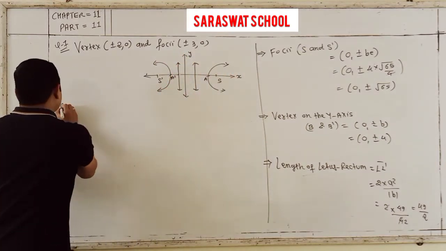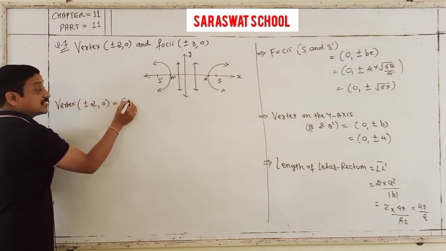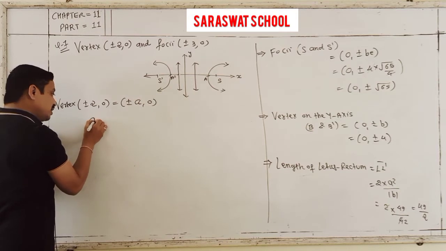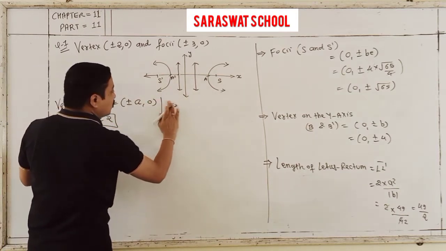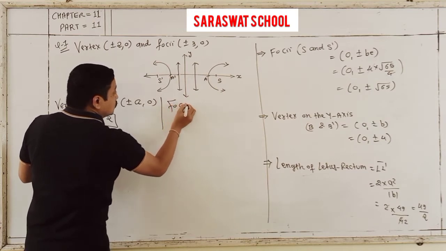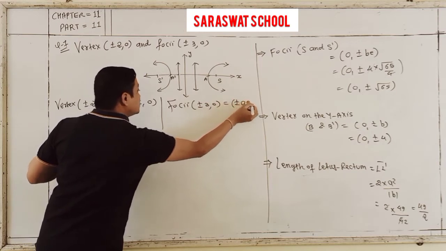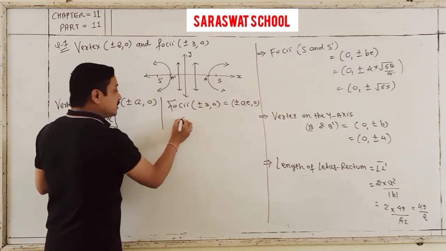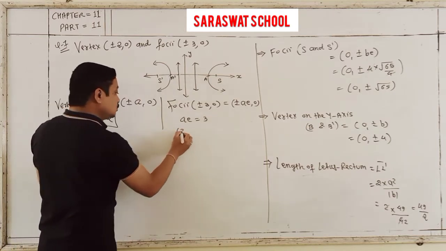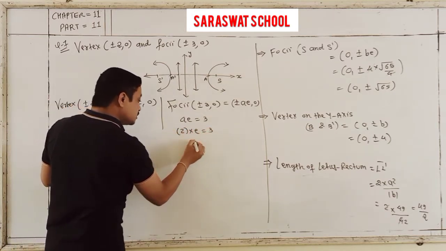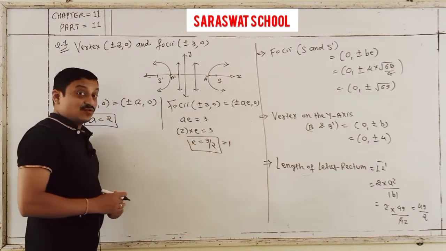So students, first I go to vertex plus or minus 2, 0, but the actual vertex is plus or minus a, 0. So a becomes 2. Next, vertices done. Now foci plus or minus 3, 0, but legally known is plus or minus ae, 0. So students, my ae equal to 3. Now what is a? 2, ae is 3. So e becomes 3 by 2. You also check it is more than 1, compulsorily.